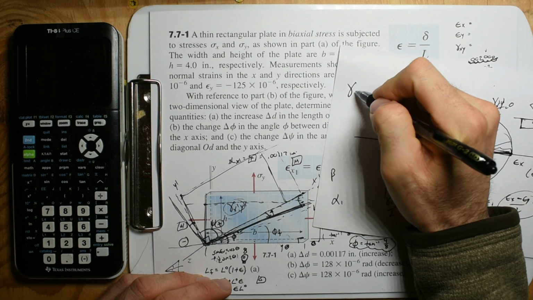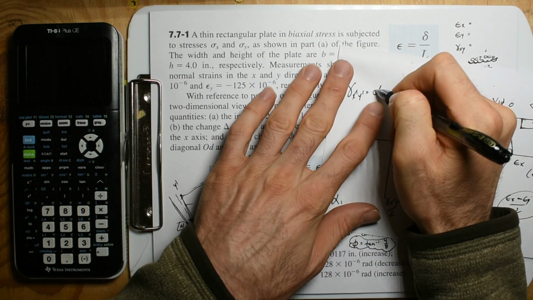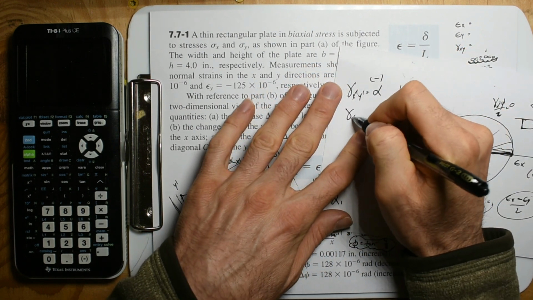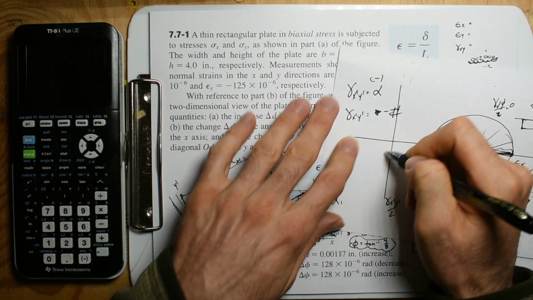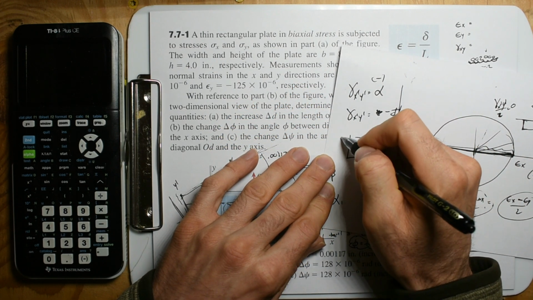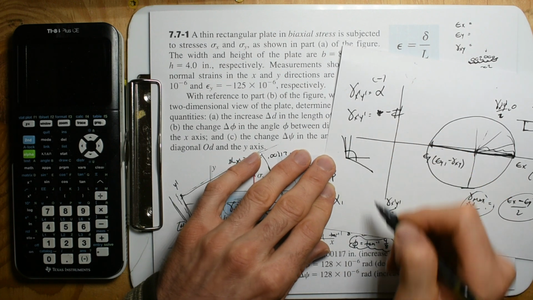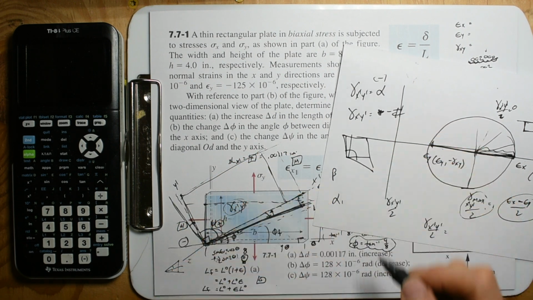So your shear strain is alpha, and if that's negative, you're going to get a negative value. If this is a negative number, that just means that this angle increased, and that's going to be your diamond shape.